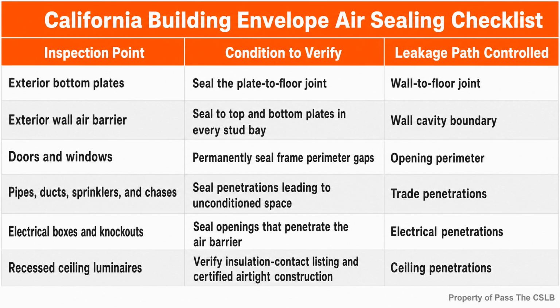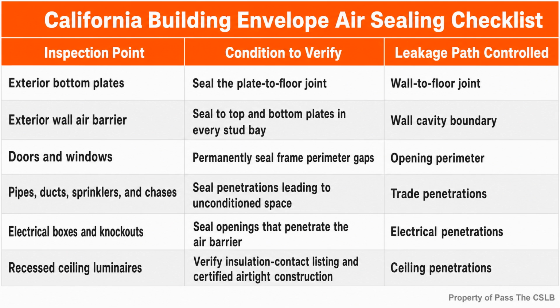Recessed luminaires deserve separate attention because a fixture penetrating an insulated ceiling becomes part of the envelope detail. The applicable California requirements call for those luminaires to be listed for zero clearance insulation contact and certified airtight. The reported leakage limit is less than 2.0 cubic feet per minute at 75 pascals.